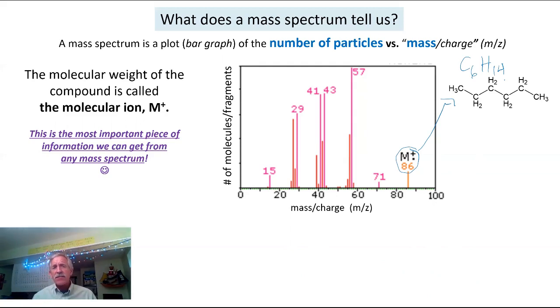Why doesn't the mass spec show us a molecular weight that's, as I mentioned, some kind of average? If you were to go Google the molecular weight of hexane, you would see a mass of 86.352 or some decimal number for every molecular weight.